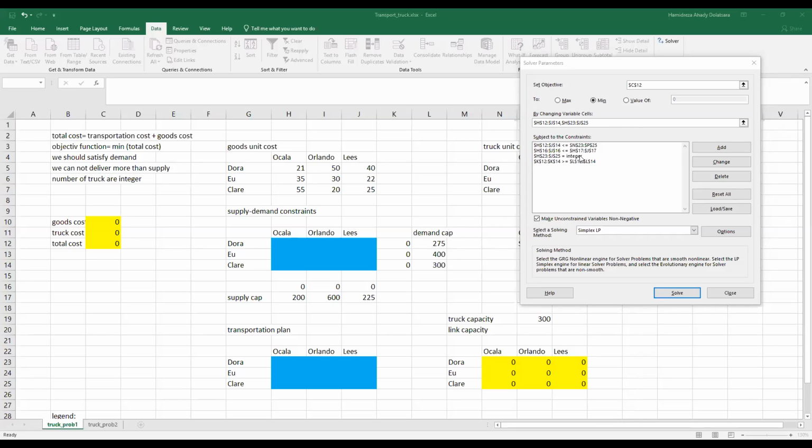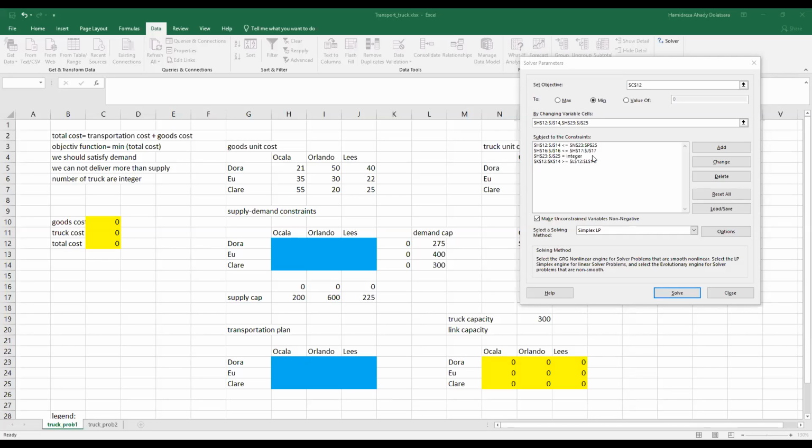Look at the third constraint. I just said H23 to J25, which is my lower rectangle, equal integer.